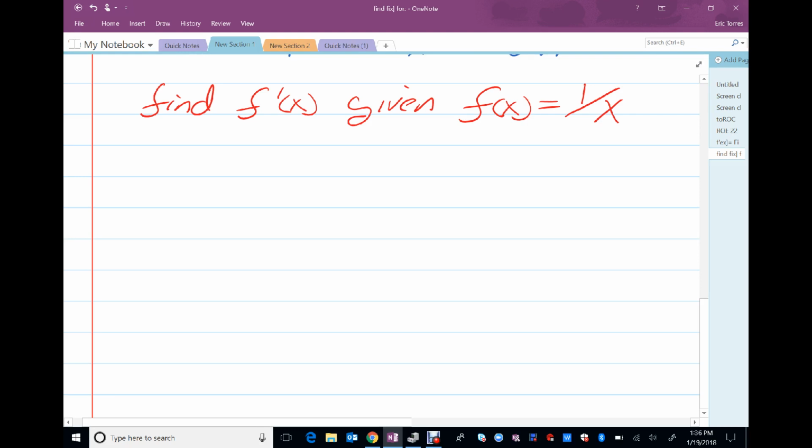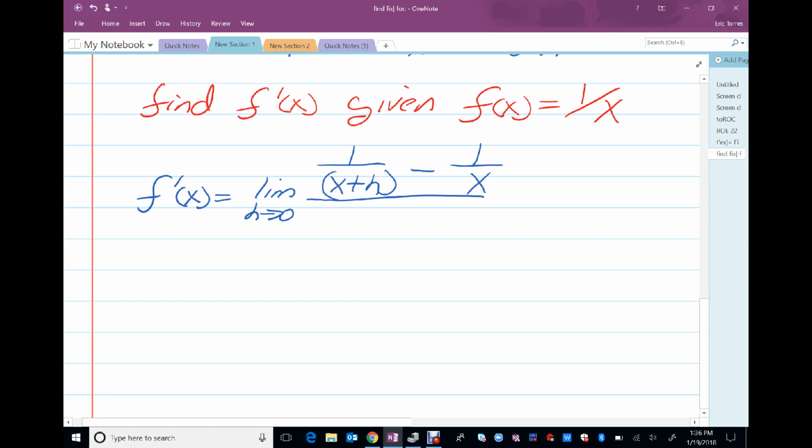So, f prime of x equals the limit as h approaches 0 of f of x plus h minus f of x all over h.